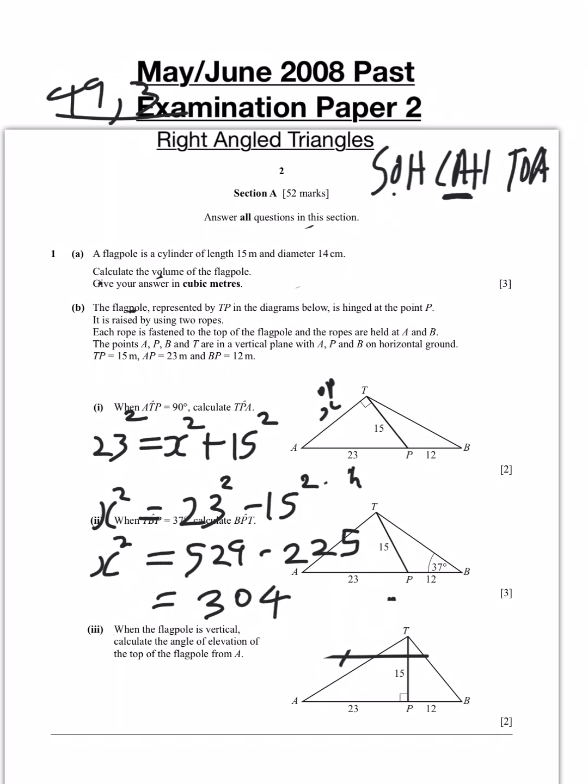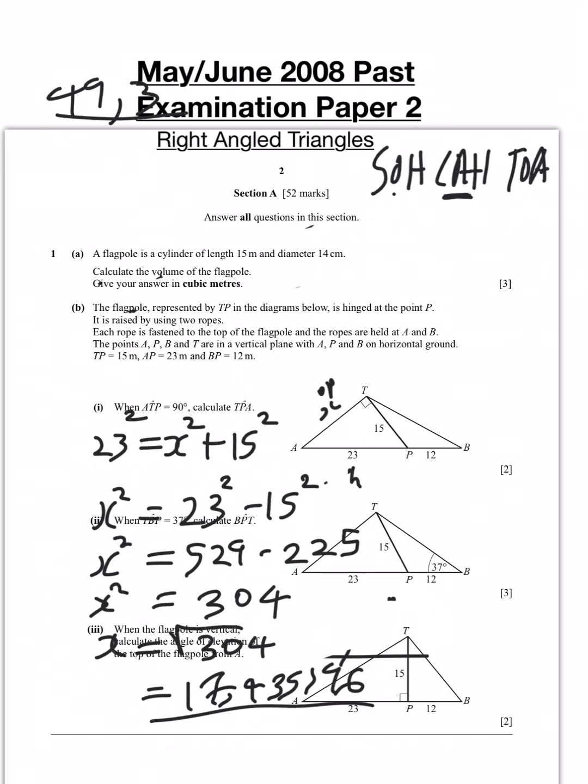Right, this is x squared, so x is equal to the square root of 304, which is equal to 17,435596. So that is the opposite side of our angle. This opposite is equal to 17,4.